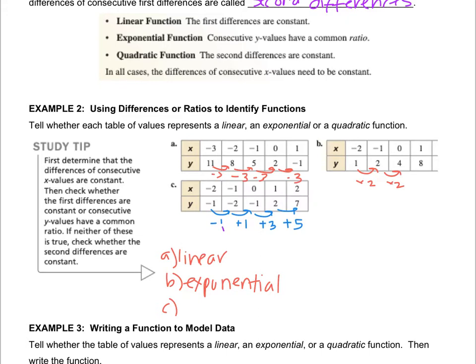So to go from negative 1 to plus 1, it's plus 2. To go from plus 1 to plus 3, it's also plus 2. And to go from plus 3 to plus 5, wow, it's also plus 2. So you can see that the second level of differences is constant, which makes letter C quadratic.